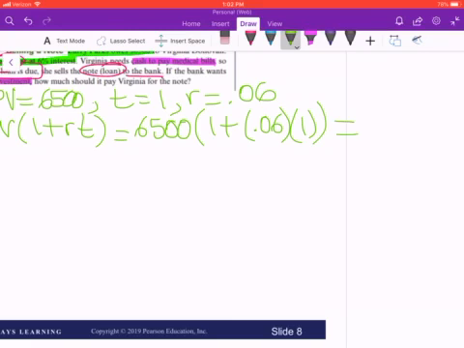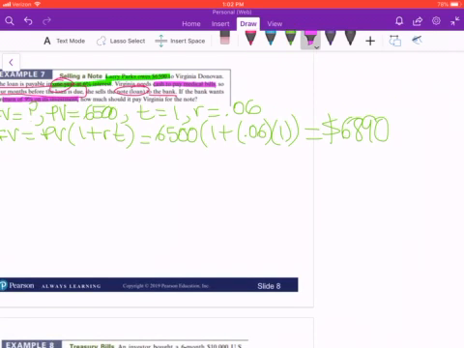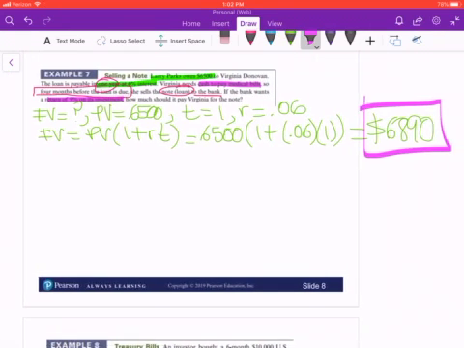And that will equal $6,890. So that will be the value of the loan. So in 4 months, the bank will receive that. The bank has 4 months only, because remember, the loan was a 1 year loan, and the money was needed 4 months before.